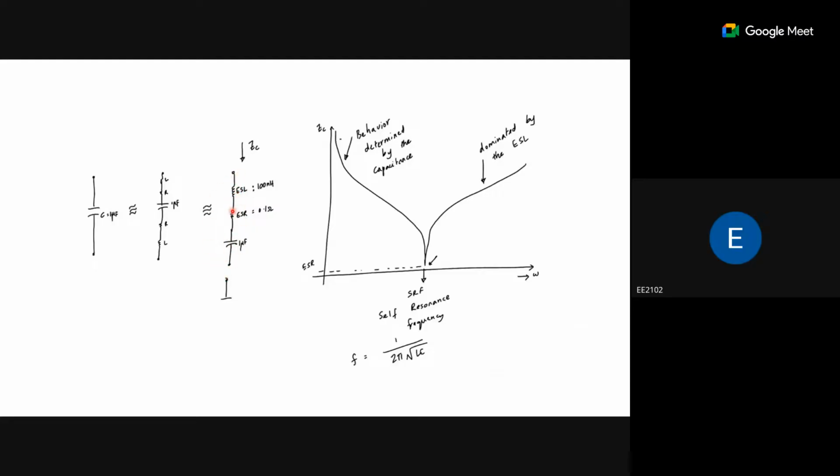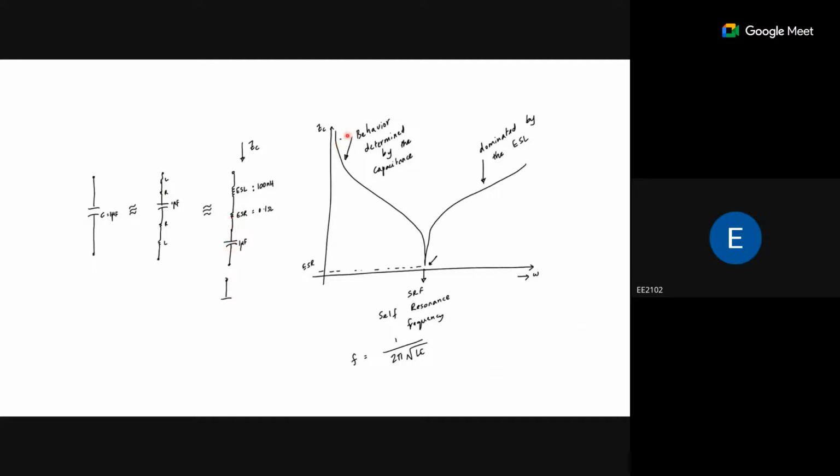You can see the inductor resistance and capacitor, and the effective value of this capacitor can be replaced with the inductor resistance and capacitor.